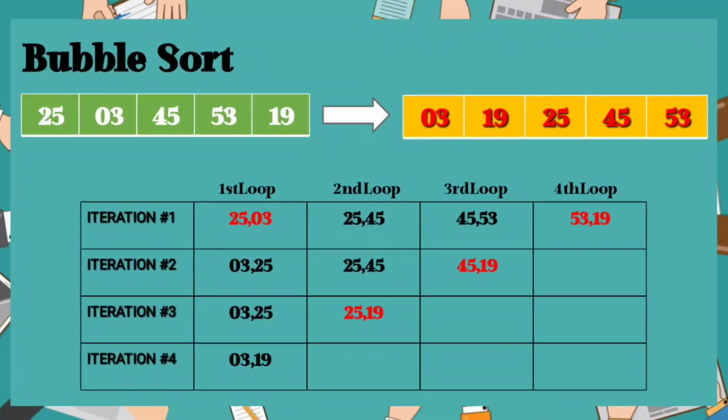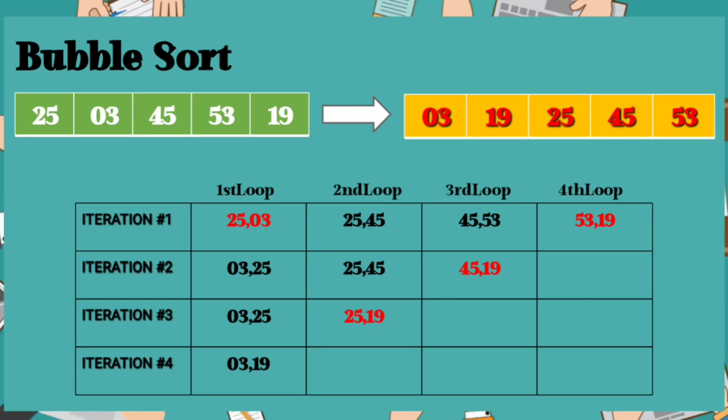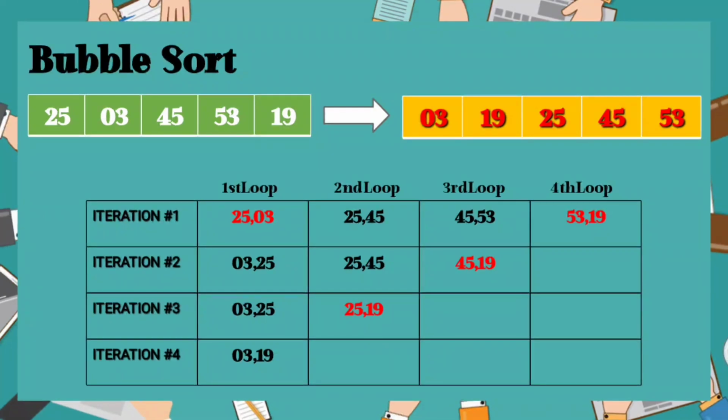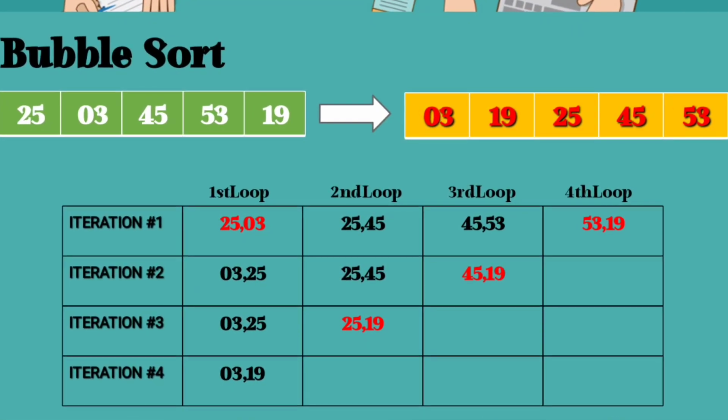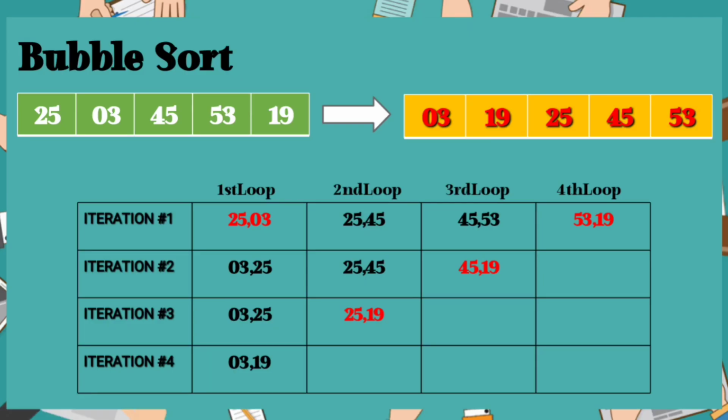So, in iteration 1, yung pula, it means meron tayong swapping na nangyari, which is nag-swap ang 3 and 25 and 19 and 53. Sa iteration 2, ang nag-swap lang ay ang 19 and 45. And then, iteration 3, ang nag-swap lang ay ang 19 and 25. And then, in iteration 4 ay walang nangyaring swapping.